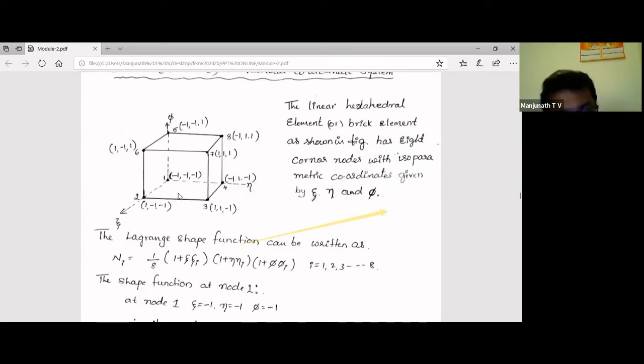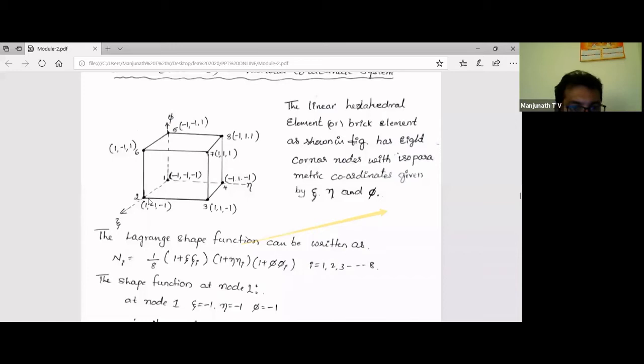So at node number 1, we know that in the natural coordinate system the values of zeta, neta, and psi vary from -1 to +1. We considered this in the previous cases also.